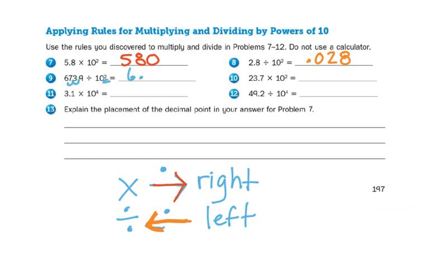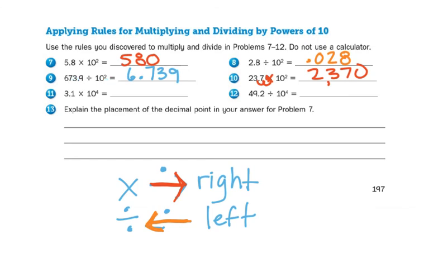So I have 6 and 739 thousandths. I'm multiplying in number 10, so it's going to go to the right. 1, and because there's no more place values, I have to add a 0. So 2,370.